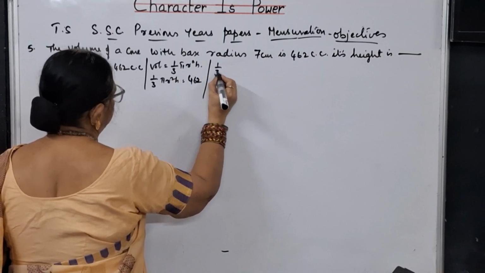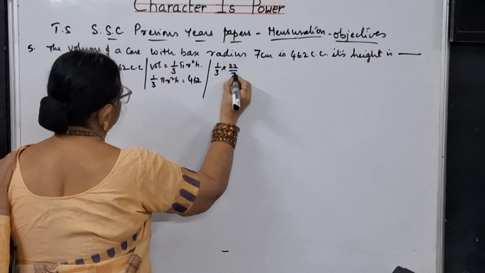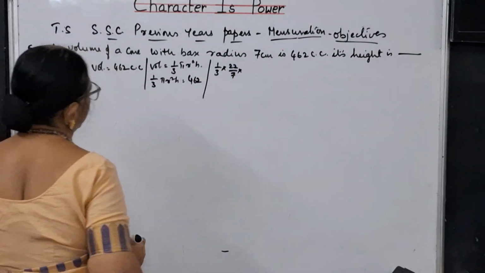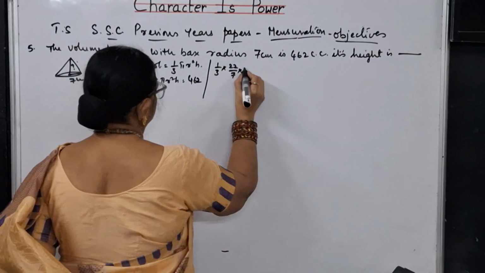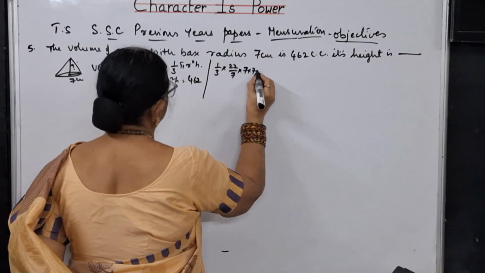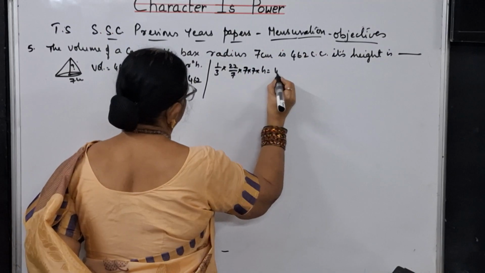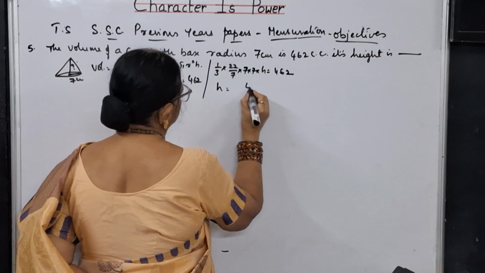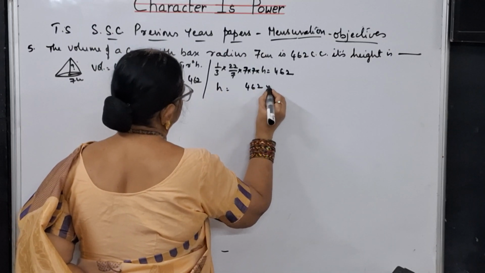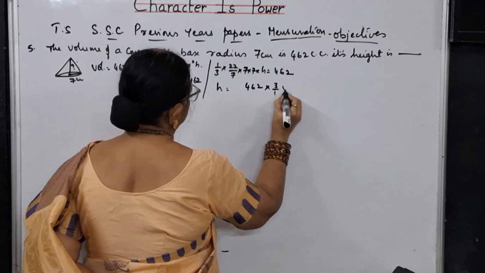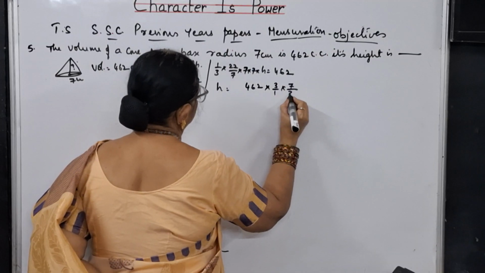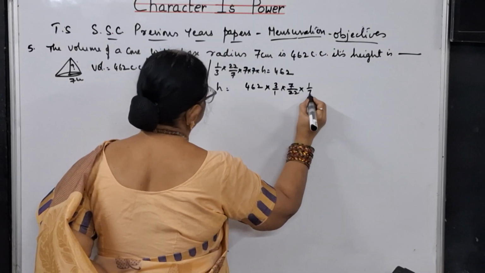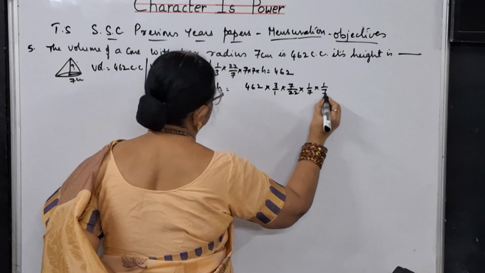That is 1 by 3 into 22 by 7 into r is 7, 7 into 7 into h is equal to 462. So what is h? 462 into 3 by 1 into 7 by 22 into 1 by 7 into 1 by 7.